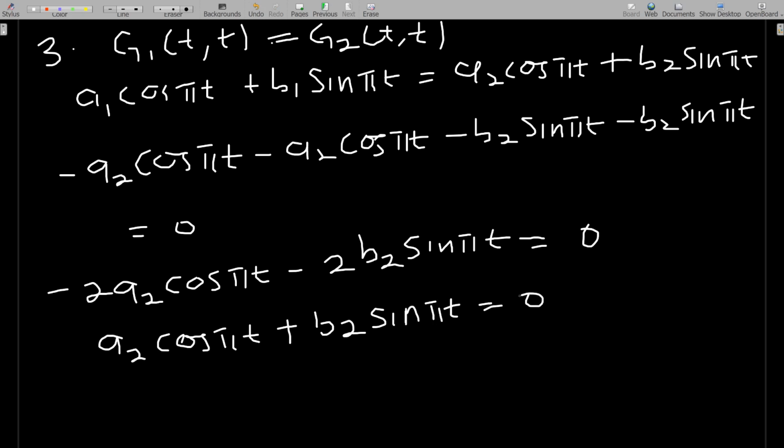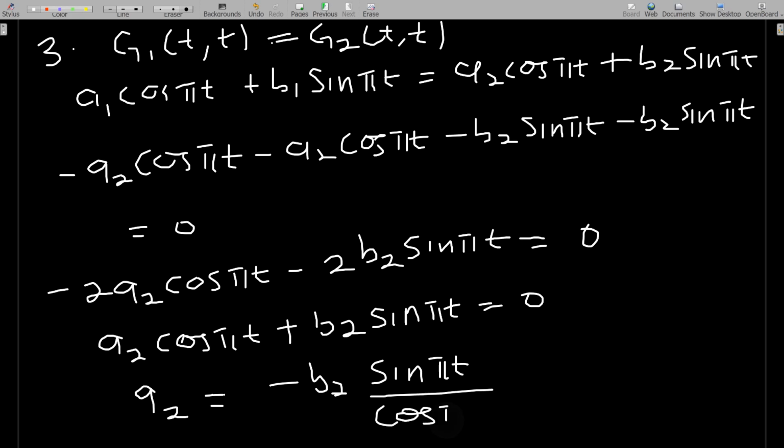So from this, it simply means that if I make a2 the subject, a2 is equal to minus b2 sine pi t over cos pi t. I hope you get this. So you call this equation 3 as well, okay?